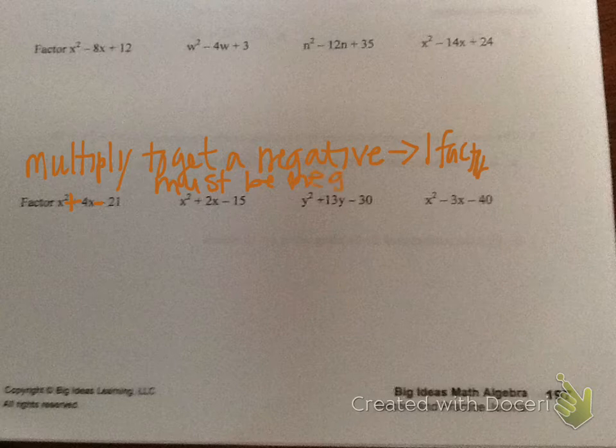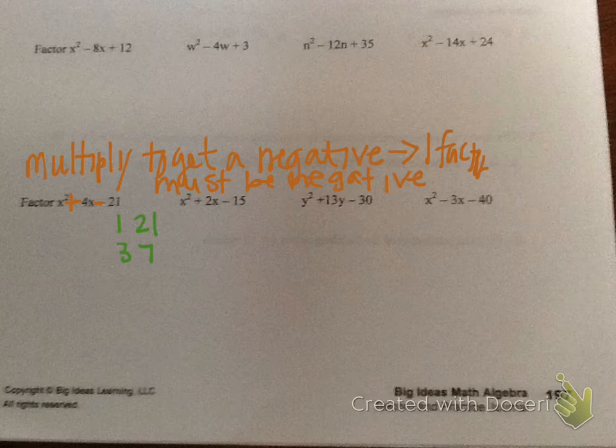Alright, so this gives us lots of options. But again, if you know your multiplication tables well, this won't be so bad. So I list all of the factors, just positive, positive, and then kind of talk through them to myself. So 1, 21, 3 and 7, I think that's it.